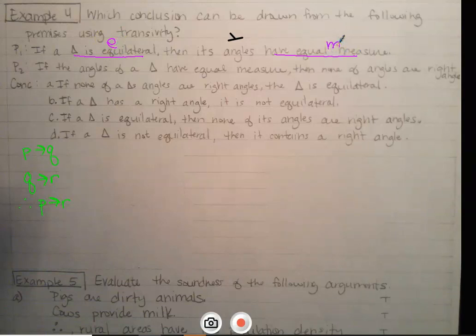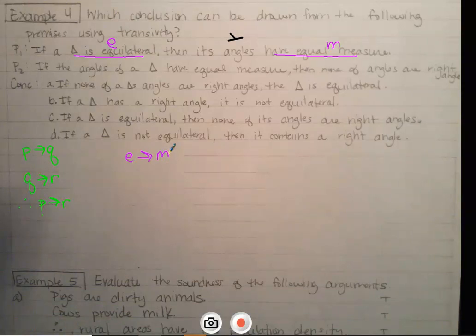Okay, so according to premise 1, we have if P, then Q. Let me go back for a minute. All right, let's try that again. We're going to say premise 1 says if E, then M. That's the whole reason we're giving them those abbreviations.